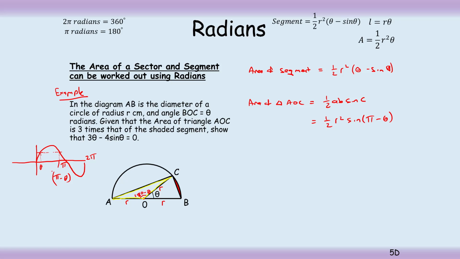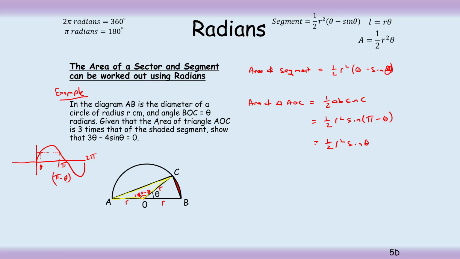So if I have pi minus theta, I can replace it with theta, as I'm going to do in here. So that means that's equal to a half r squared sine theta. So the area of a segment, half r squared theta minus sine theta, is a funny looking theta, let's adjust that. And area of the triangle is a half r squared sine theta.